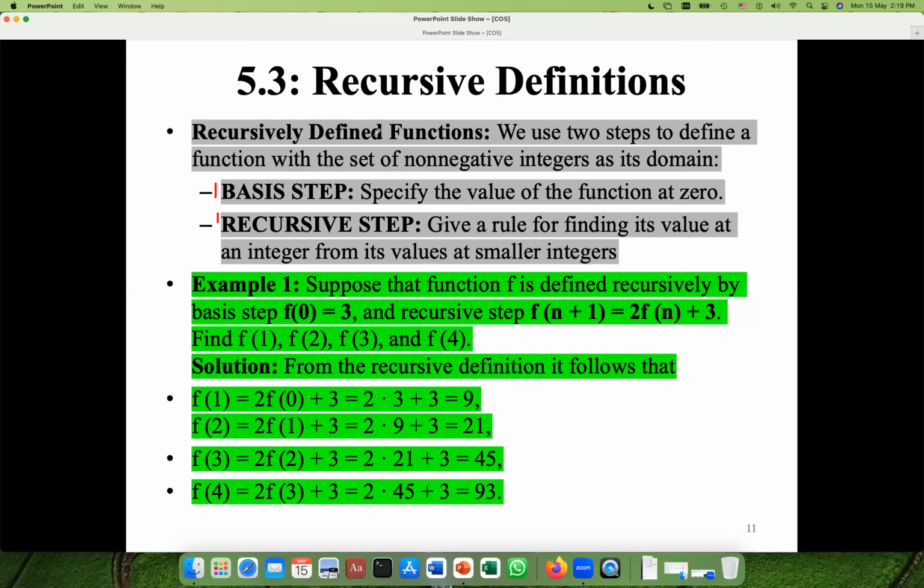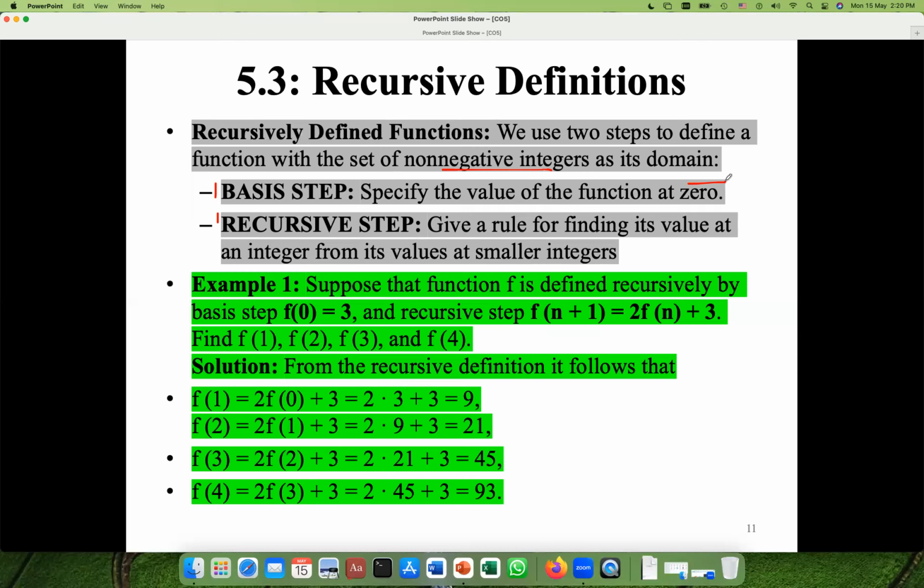You can define some function with two steps for the set of non-negative integers. The first step is the basis step, and the second step is not the inductive step. It is not mathematical induction. It is the recursive step. In the basis step, you will see the value of the function at 0.